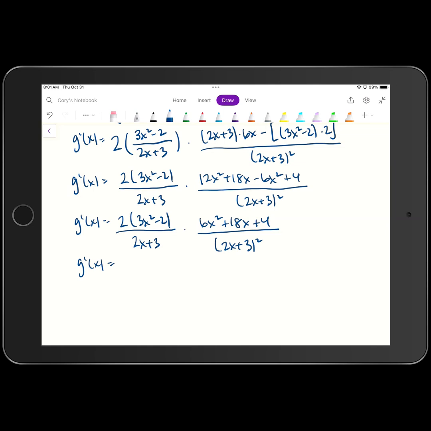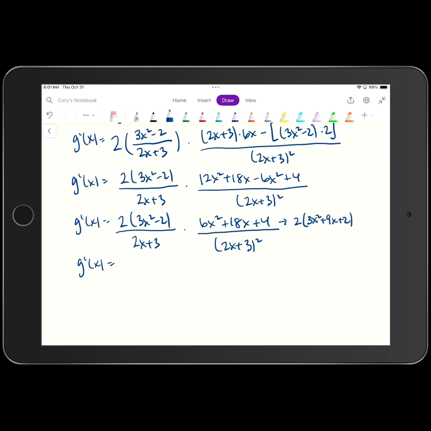So before I do that, when I look at this numerator right here, I can factor a 2 out from that numerator. So that numerator I can rewrite as 2 times the quantity 3x squared plus 9x plus 2.